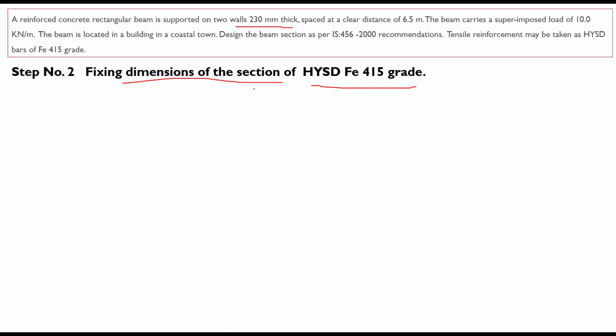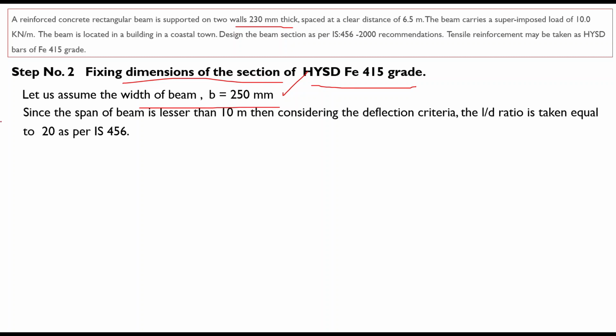We can assume based on our experience. So first of all, let us assume that the width of the beam is 250 mm. So we have assumed one dimension, that is width, we can take 250 mm, or either we can take 300 mm.